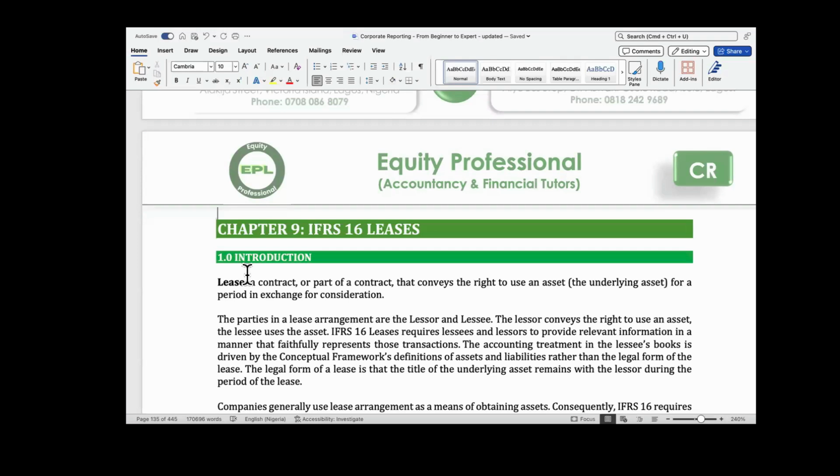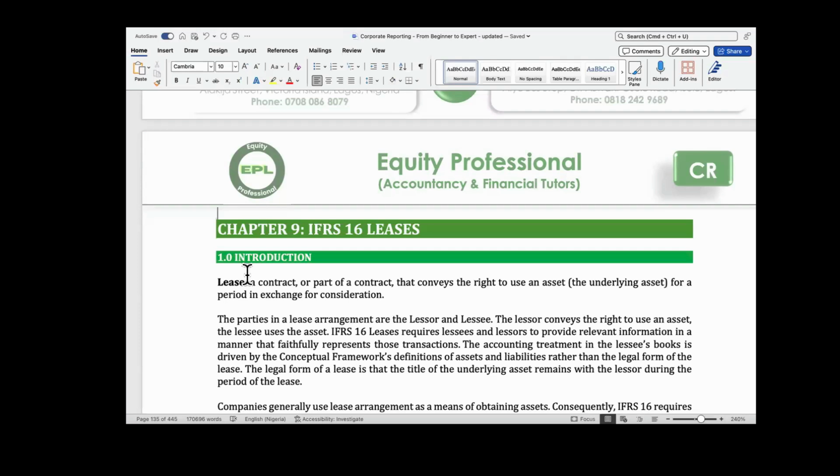We then looked at the principles around lessee accounting. And we mentioned that at the commencement date, the lessee needs to recognize right of use assets as well as a lease liability.